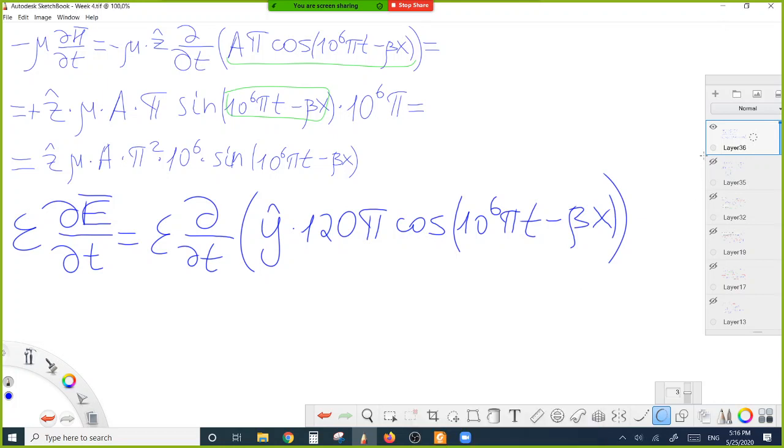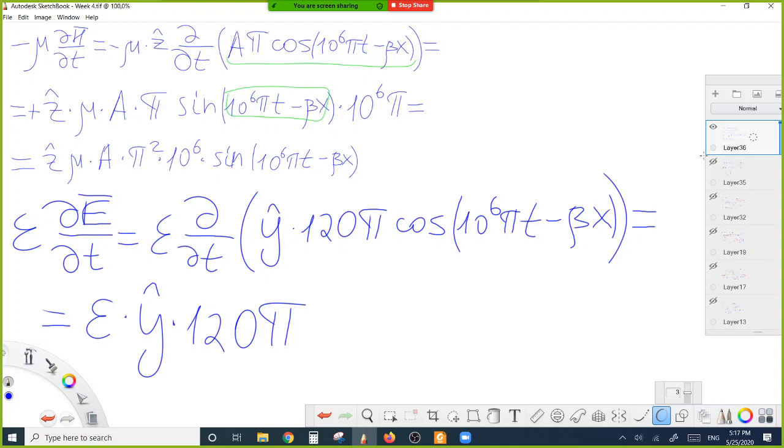Okay, if we take the derivative, epsilon is a coefficient, the unit vector y is constant, and 120 p is also constant, and we should take the derivative of cosine(10^6 pt minus beta x) with respect to time.